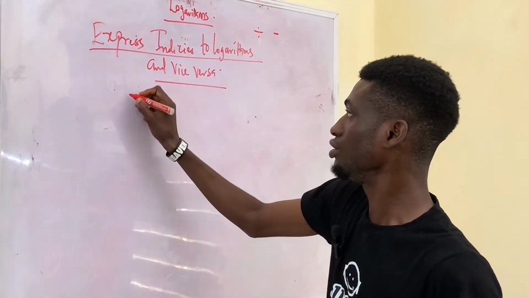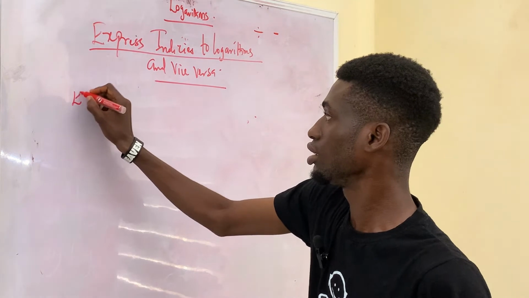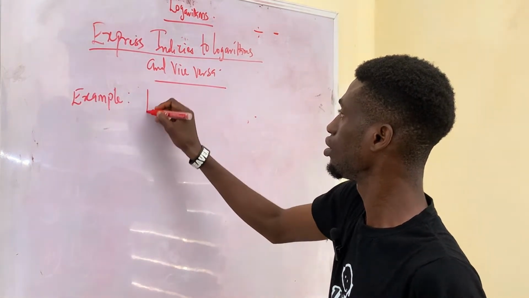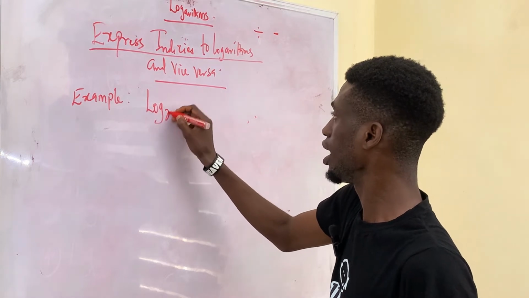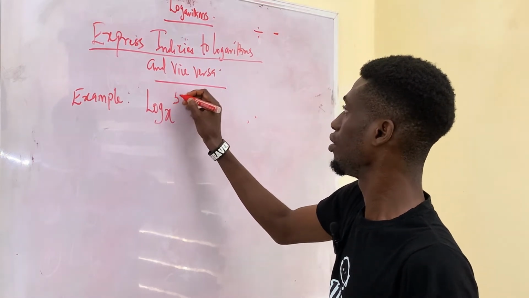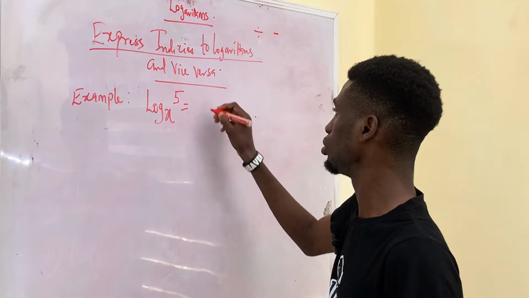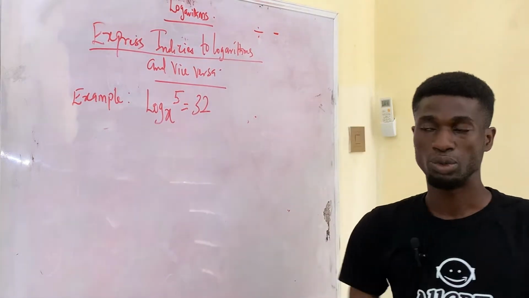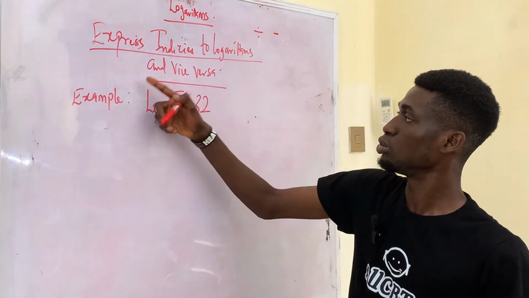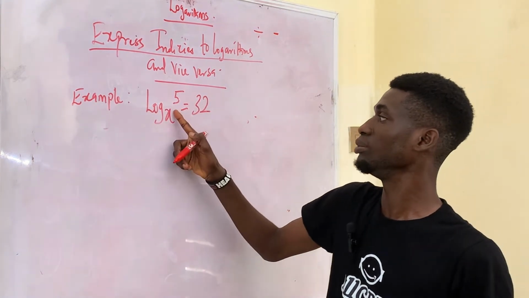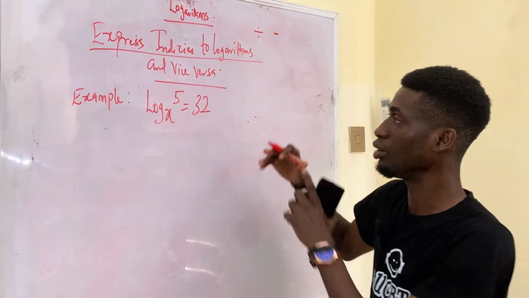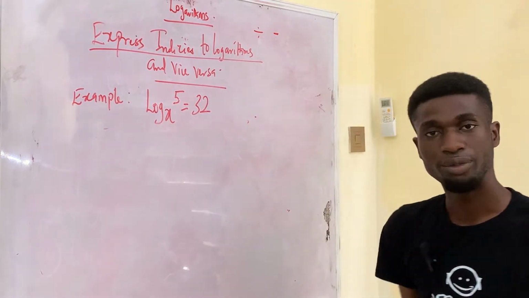Now, if I have a situation like this, if I have log x raised to power 5 equals to 32, there is a logarithm question, and I want to express this logarithm in indices form, and at the same time I'm going to change it from indices form to logarithm form.